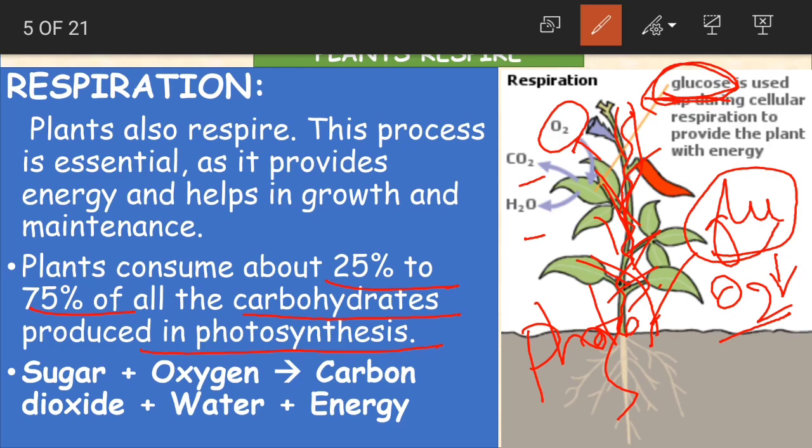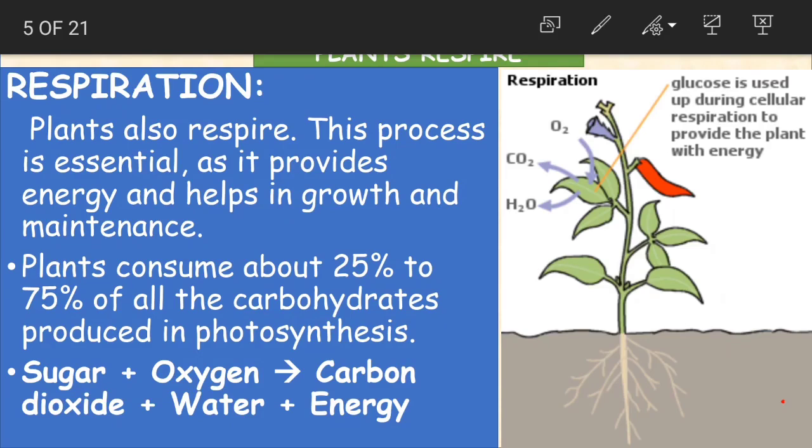Okay, so now here if you see, sugar and oxygen, that's what I said. Sugar and oxygen, both, they are again resulting in carbon dioxide, water and energy. So children, remember that photosynthesis is resulting in glucose and oxygen.